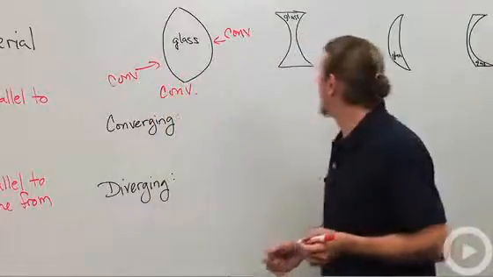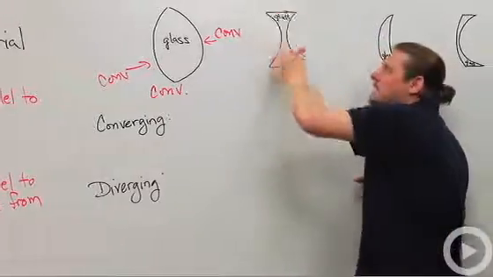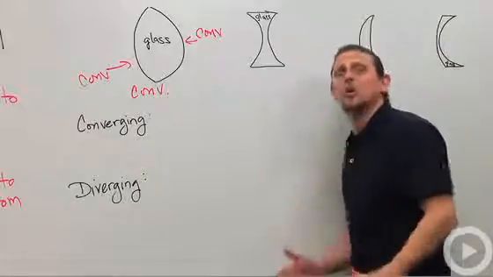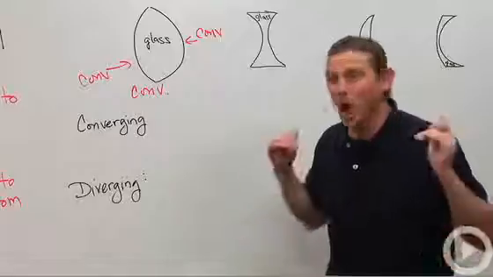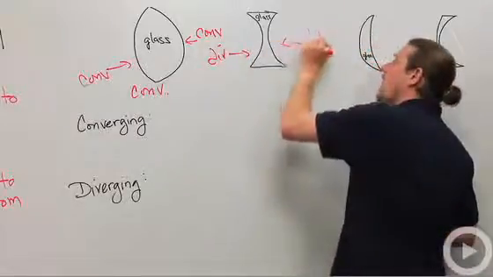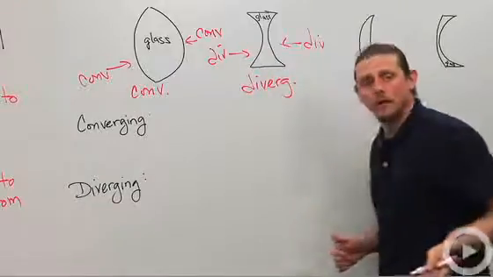How about over here? Well, on this side, the glass is concave, and on the other side, it's concave too. So both sides are concave. That means it's diverging on both sides. So this is a diverging lens.